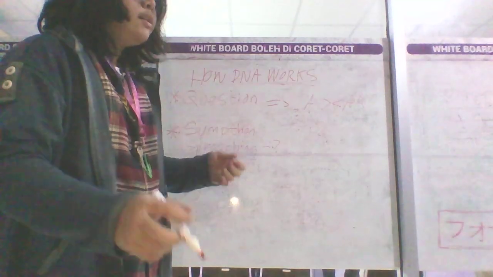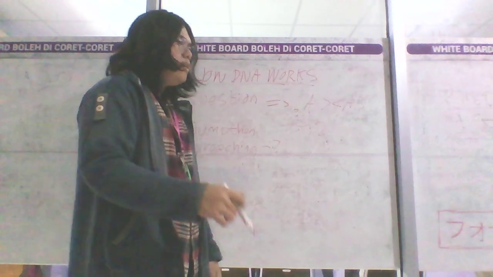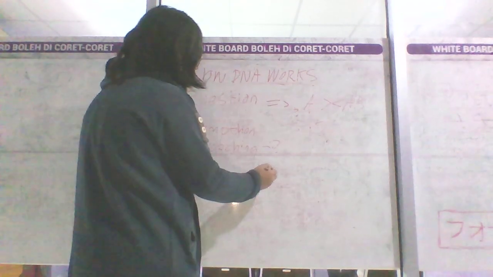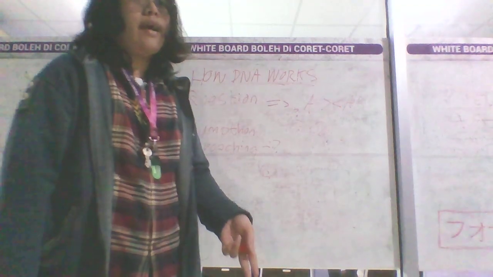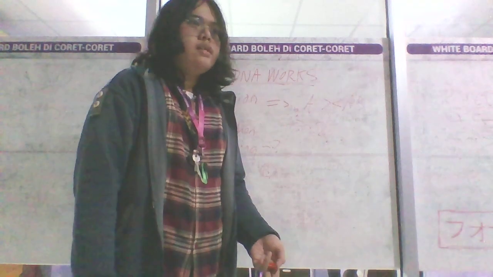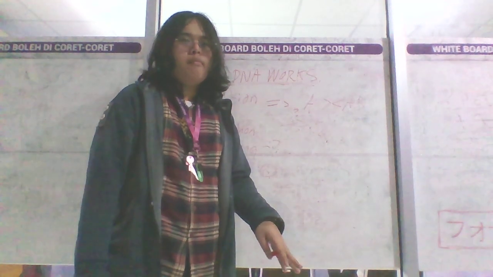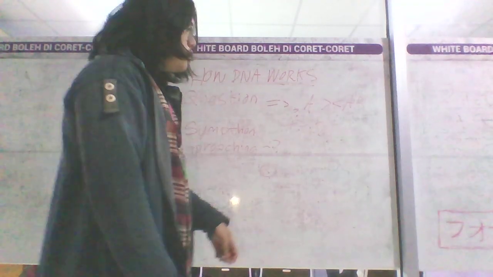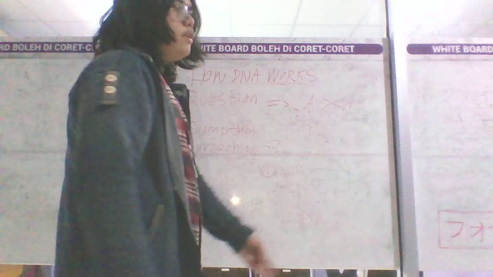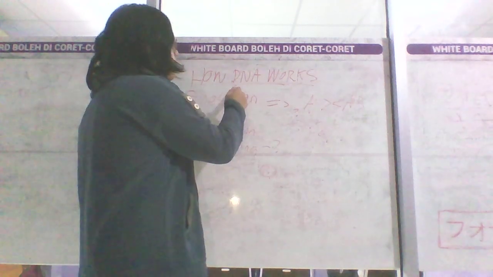For example, in the British monarchy, they had a queen who had symptoms like anemia and a lack of white blood cells. So actually many symptoms we can understand with DNA working.